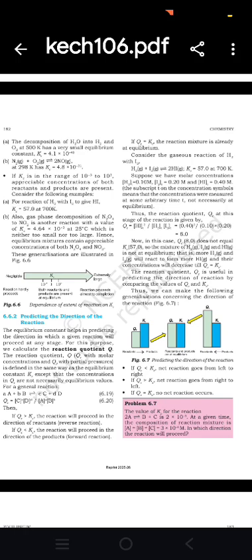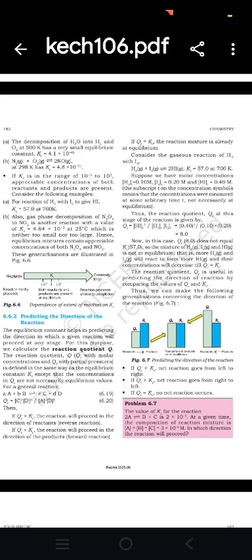Predicting the direction of the reaction. The equilibrium constant helps in predicting the direction in which a given reaction will proceed at any stage. For this purpose, we calculate the reaction quotient. The reaction quotient is defined in the same way as the equilibrium constant Kc, except the concentrations in Qc are not necessarily equilibrium values.